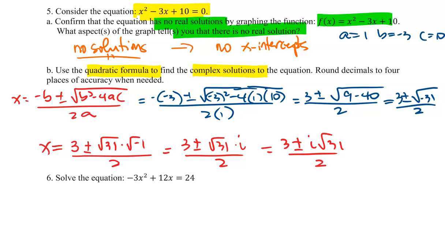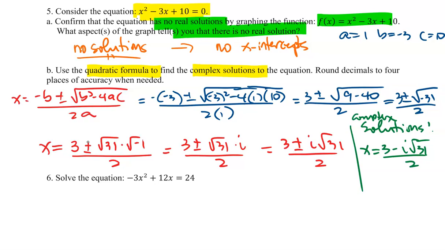So the two complex solutions are x is 3 minus i square root of 31 over 2, and x is 3 plus i square root of 31 over 2.